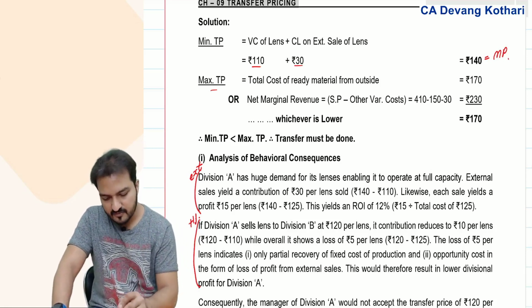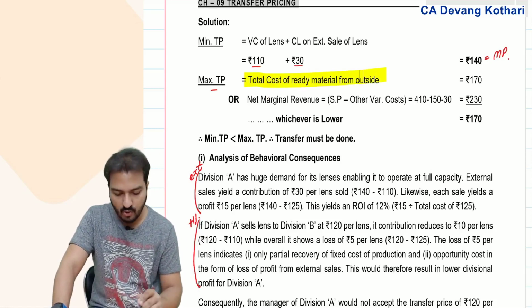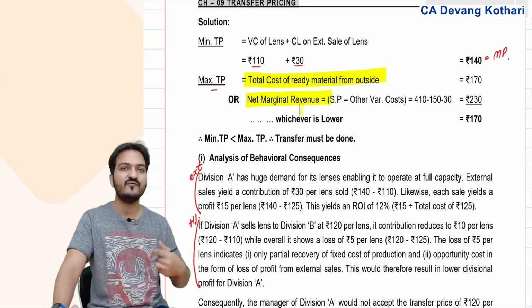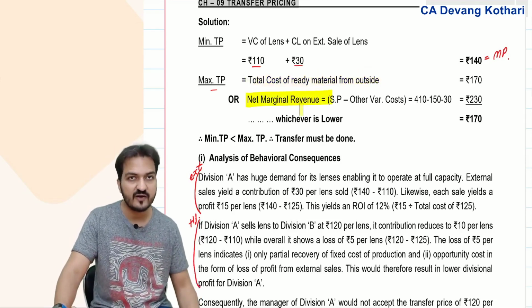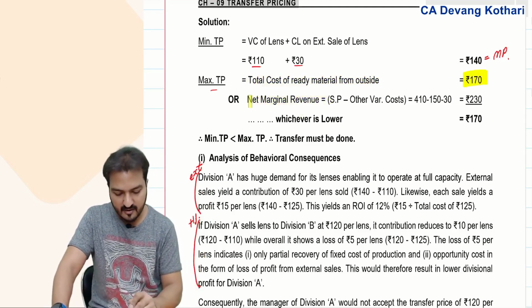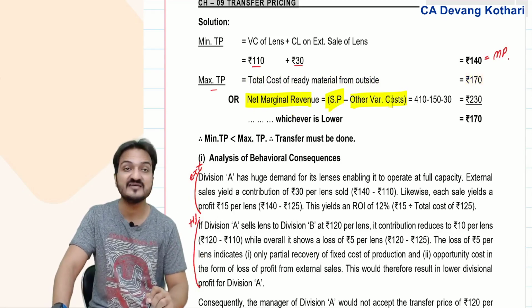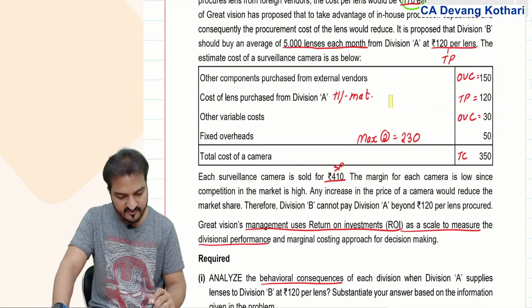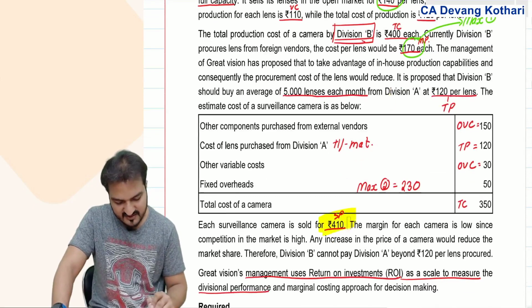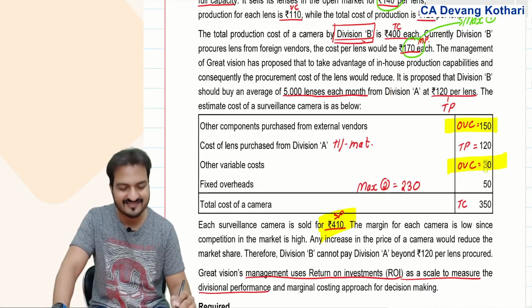Maximum TP should be either the total cost of the external material or the net marginal revenue, whichever is lower. Total cost of the imported material is 170. Net marginal revenue for division B is the selling price minus his other variable costs. Division B's selling price is 410, minus his other variable costs of 150 and 30.